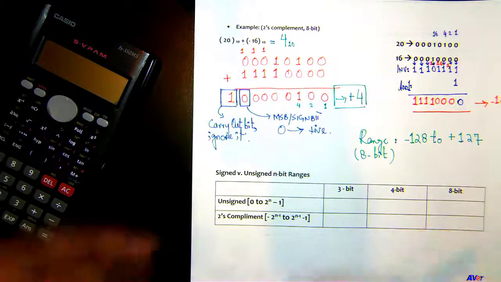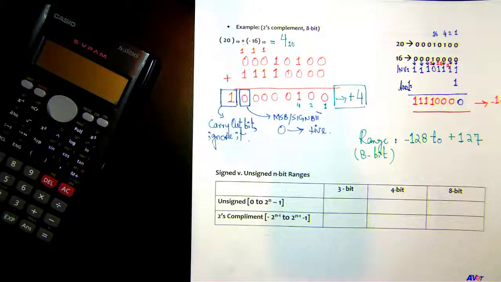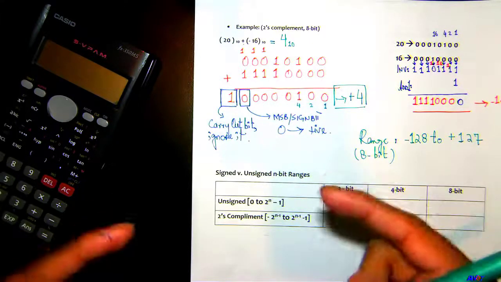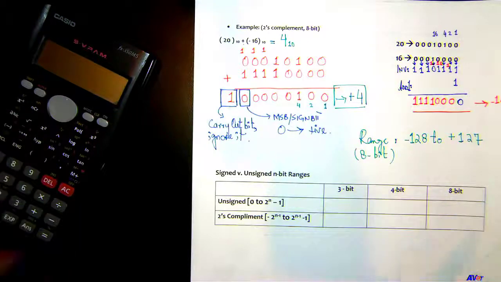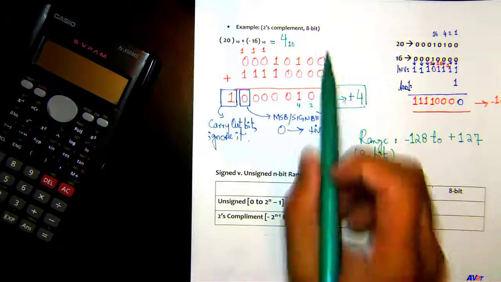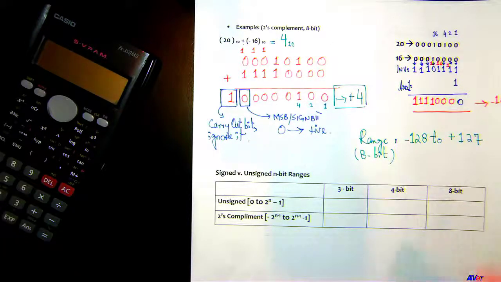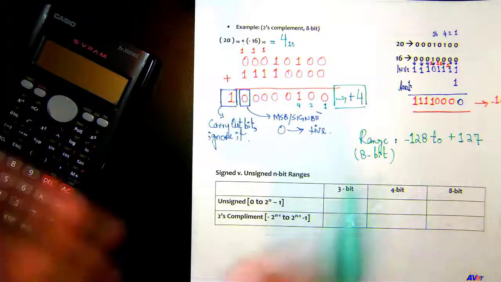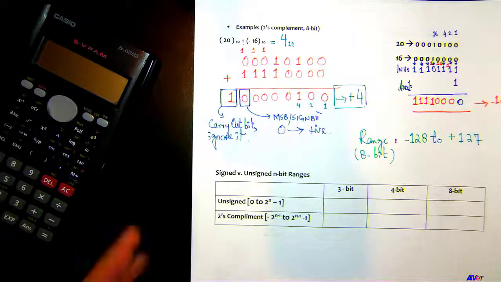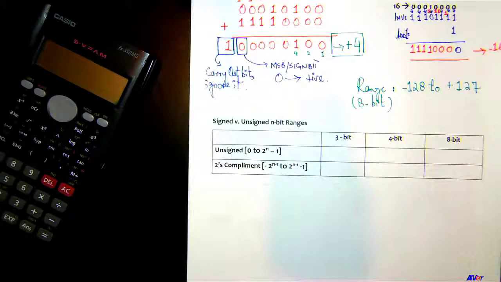If you are doing addition or subtraction, but the number is not within the range, you might get data, but it will be false data. There will be an error in there. So that's why knowing how many bits you have and what you can do in that given range is important. That condition we call an overflow, and I'll explain that later. Okay, let's look at some of the ranges.